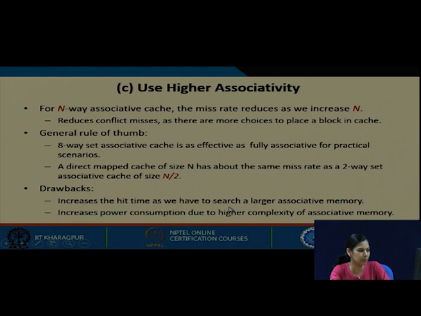It increases the hit time as we have to search a larger associative memory, but the larger is up to 8, because we have a smaller number of ways for each of the blocks. It also increases power consumption due to the higher complexity of associative memory.